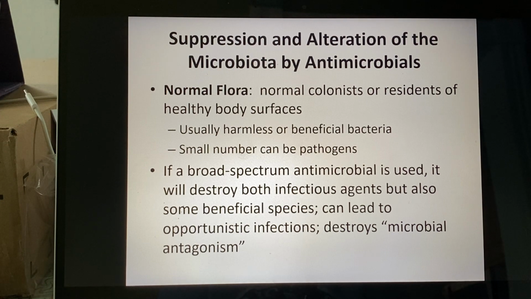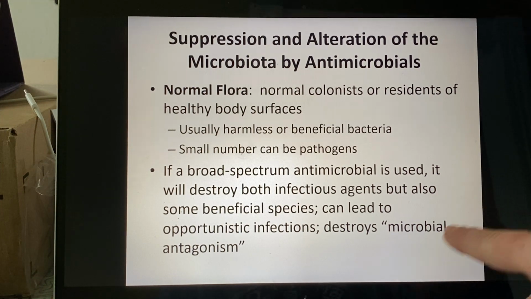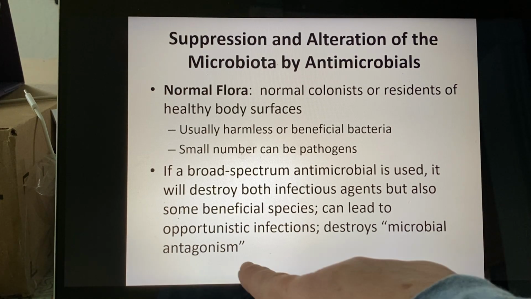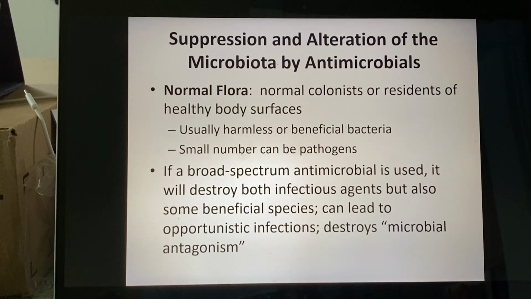But they're not going to start overgrowing because of this important term, microbial antagonism. Remember, it's very healthy to have all of these different species of microbes fighting for turf, because that prevents pathogens from being able to overgrow.